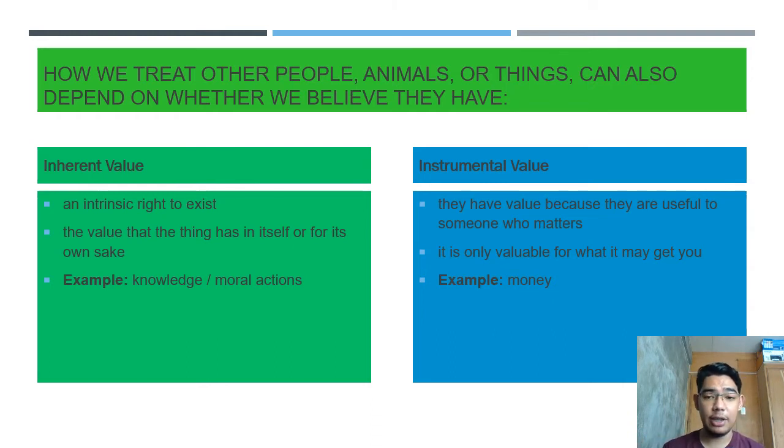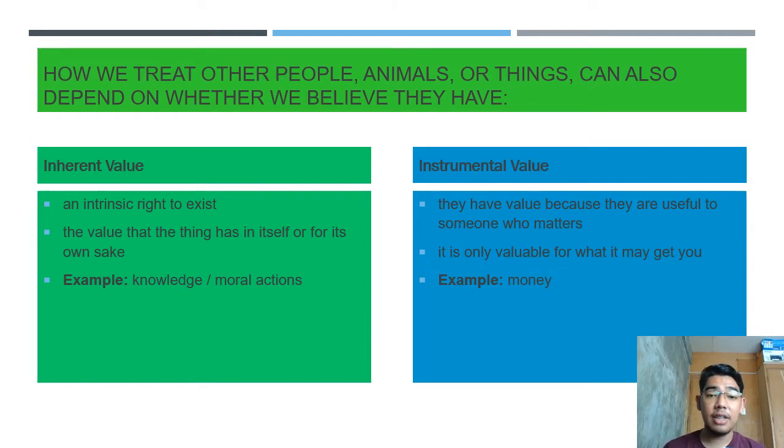It remains the same. Instrumental value is conditional. Meaning, if something is no longer useful to you, its value lessens.